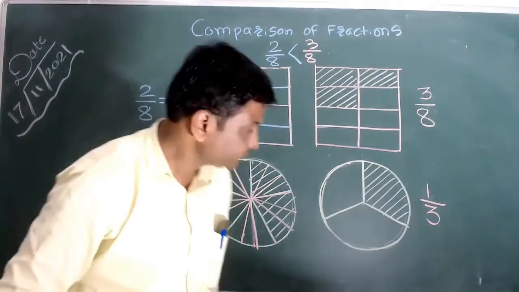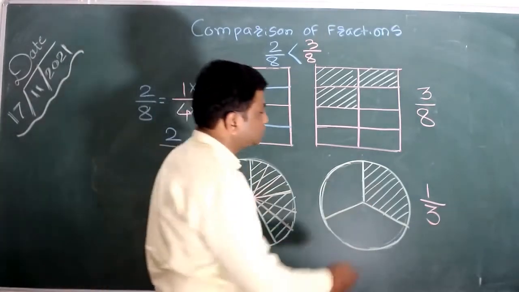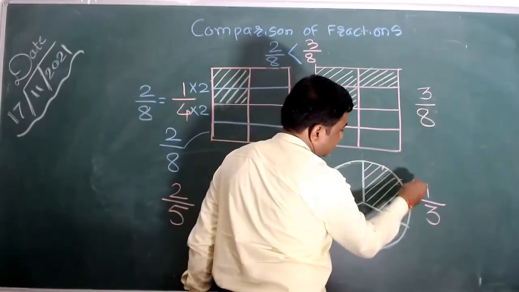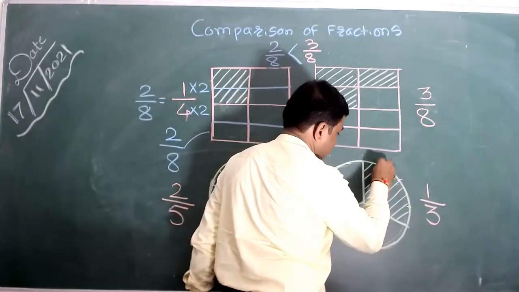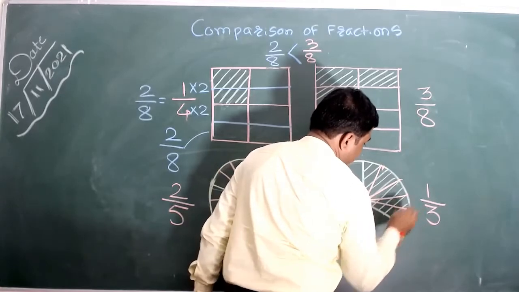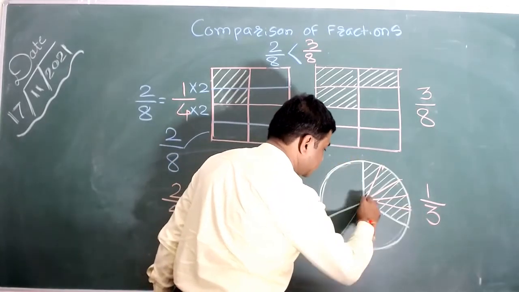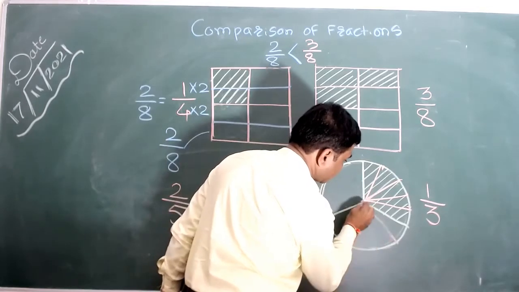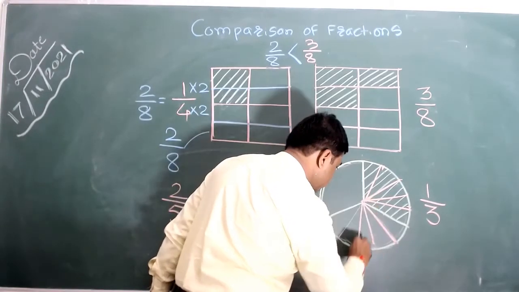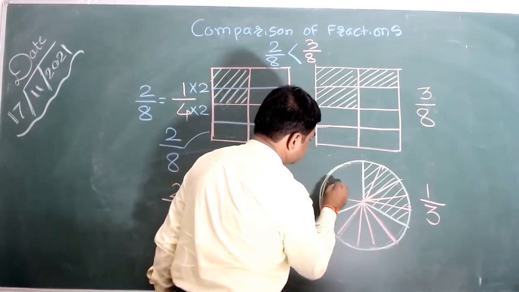In the second circle, there are 3 equal parts. Now each part I am going to divide into 5 small equal parts. So the first part is divided into 5 equal parts. The second part, I'm going to divide into 5 equal parts. The third part, I am again dividing into 5 equal parts.